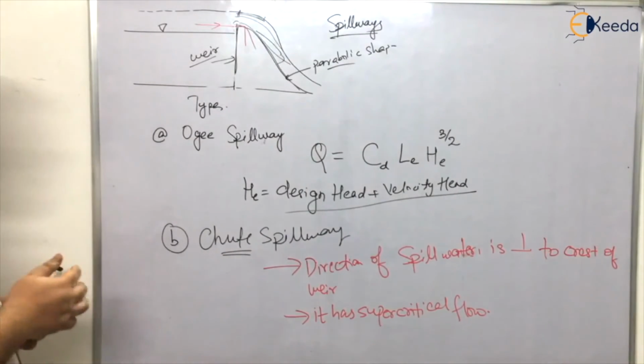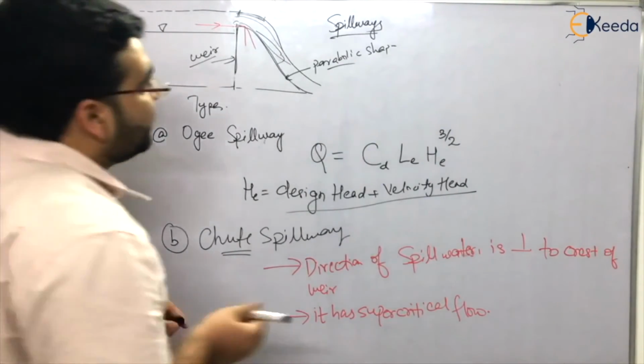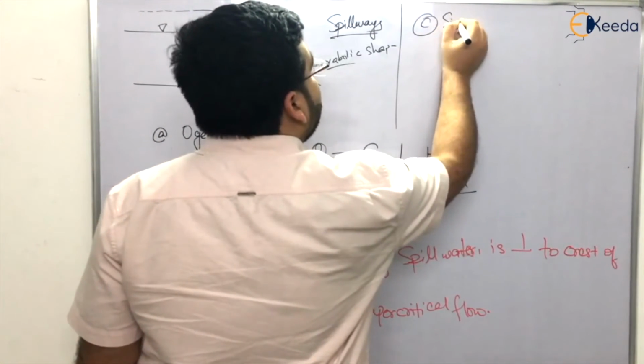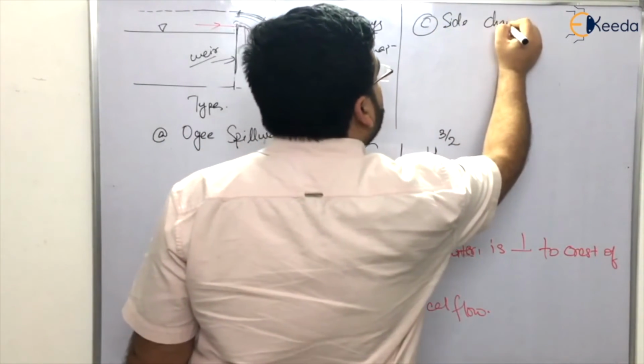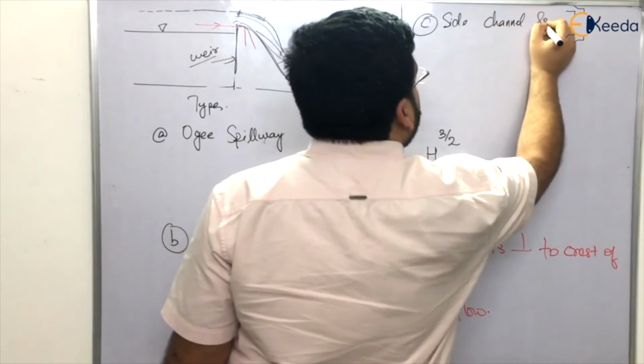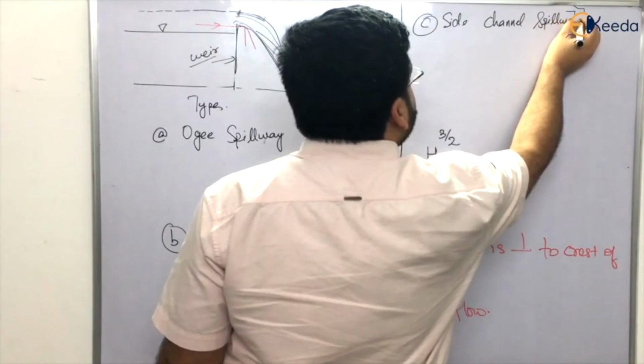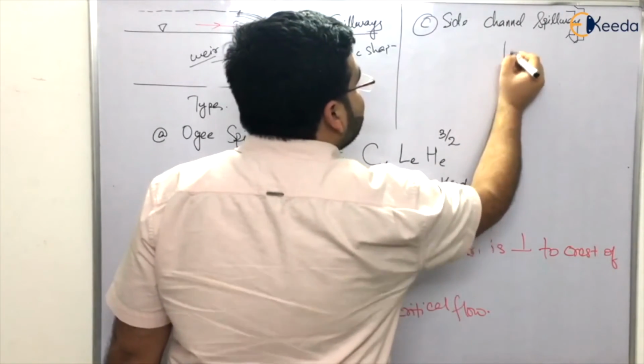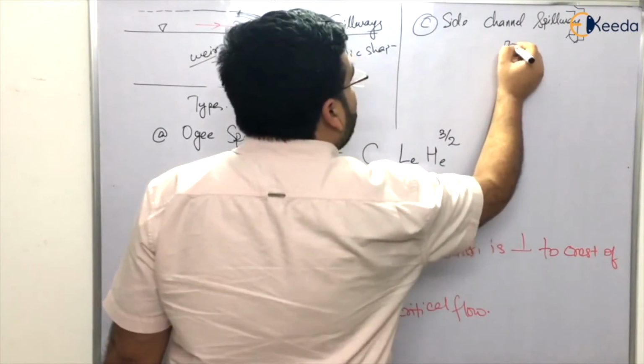The third type of spillway is known as the side channel spillway. We have a crest like this. This is the crest of the weir, and I'm talking about the top view.